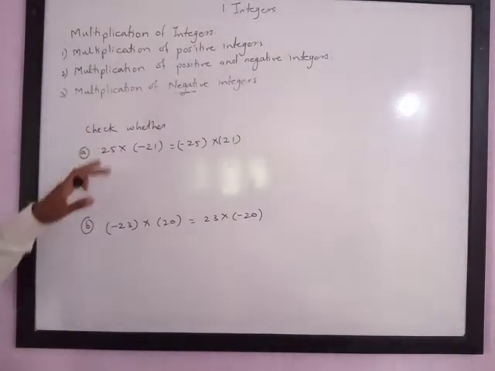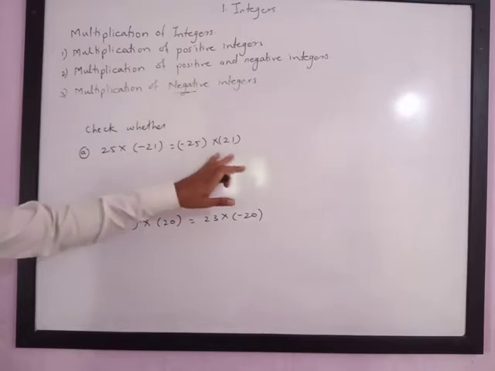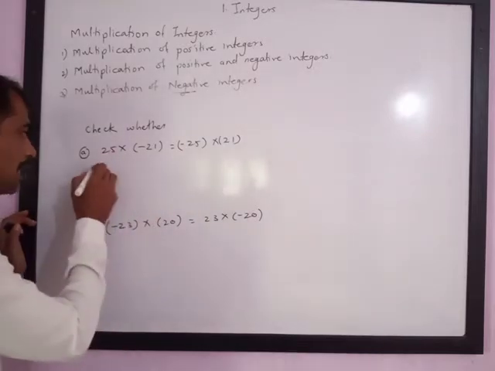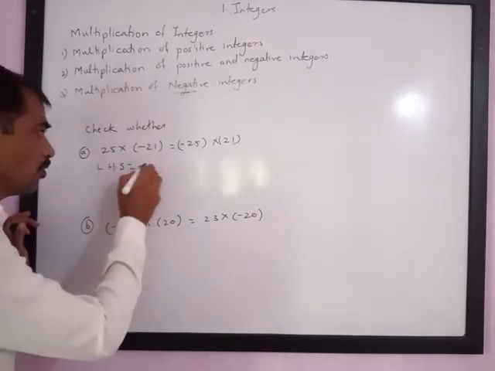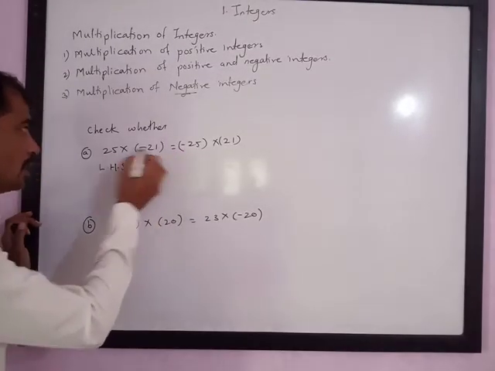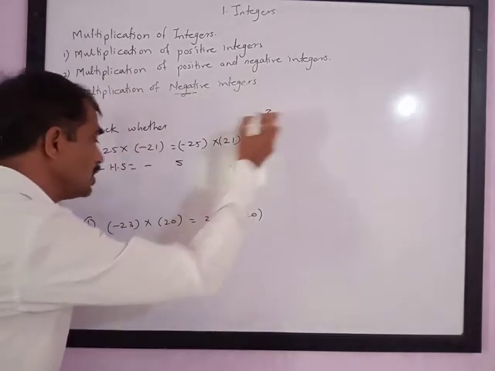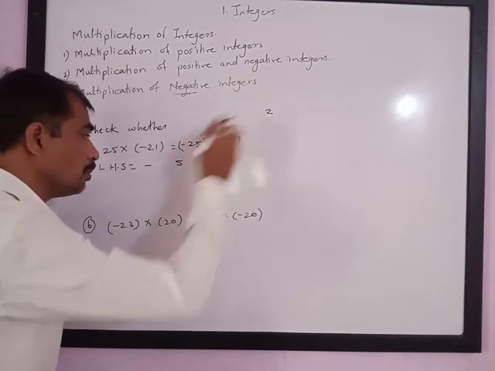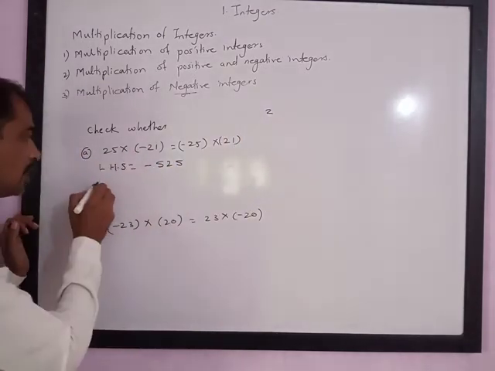Now see, check whether 25 into minus 21 is equal to minus 25 into 21. So let us check LHS. LHS is equal to 25 into 21. So one will have a negative sign. Then 25 ones are 25. 2 carries. 25 twos are 50, 52. It will have a negative sign. One integer is having a negative sign.